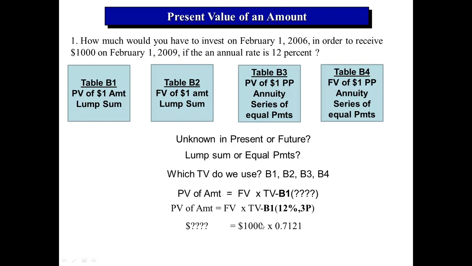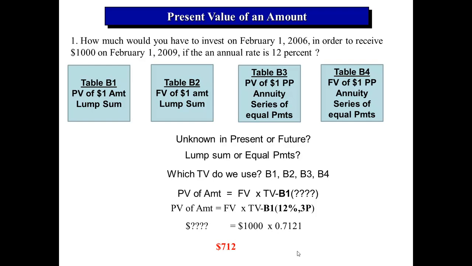So $1,000 times a table value in the present value of an amount table based on 12% for 3 periods, that gives you a table value of 0.7121. And if you multiply this table value times $1,000, what you end up with is $712.